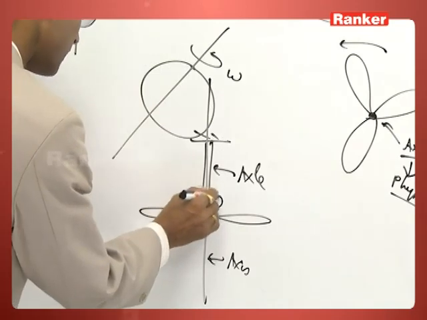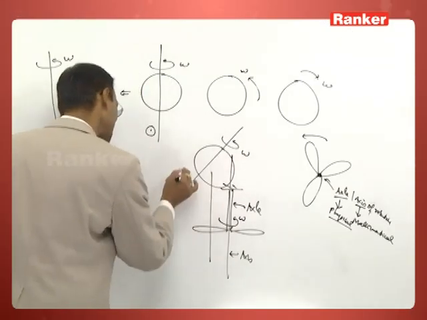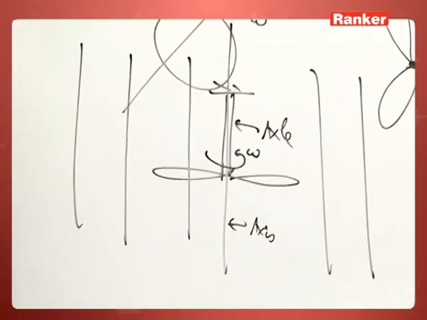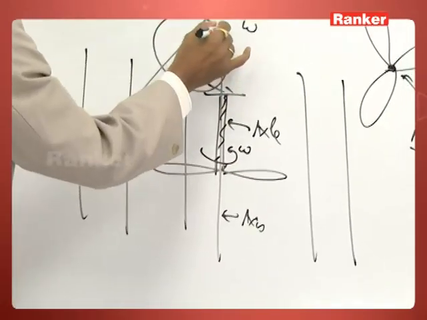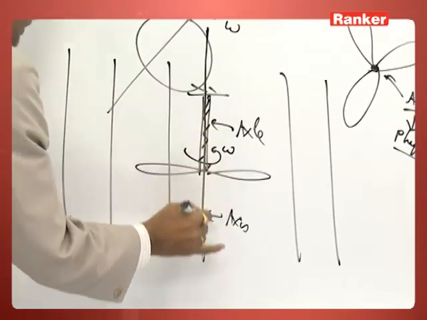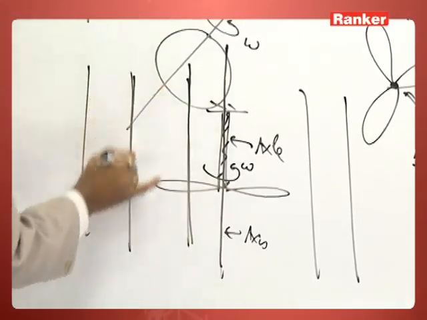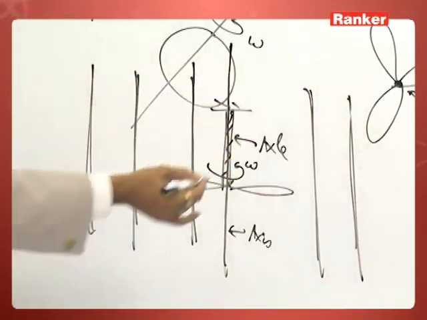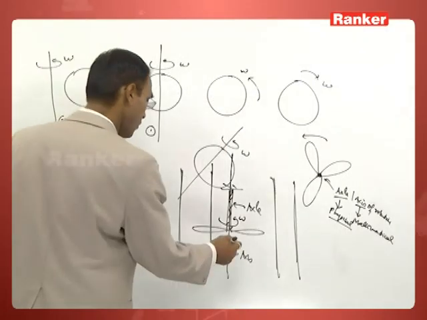The blade may rotate in this way. This is the axis, or you can put the axis anywhere, but the axle is fixed. You can take the axis passing through the axle, or you can take the axis parallel to the axle, it doesn't matter. About all these axes, the omega remains the same.